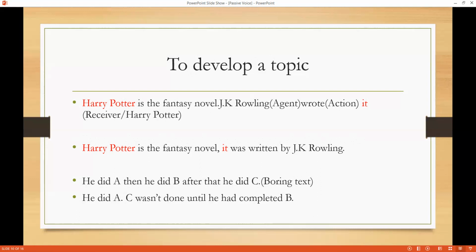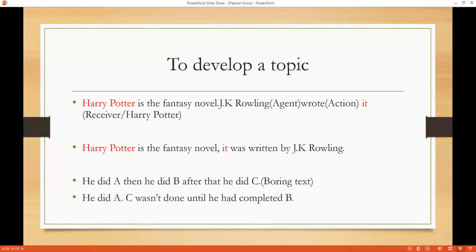But there is a problem with this second sentence. The problem is that when you read the two sentences together, it sounds like you are changing the topic. In the first sentence, we are saying that Harry Potter is a fantasy novel. We are focusing on Harry Potter. But when we come to the second sentence, suddenly we are saying J.K. Rowling.